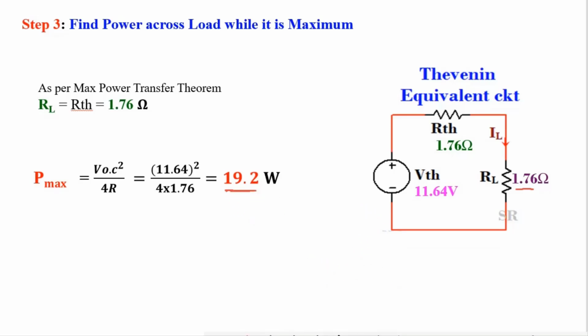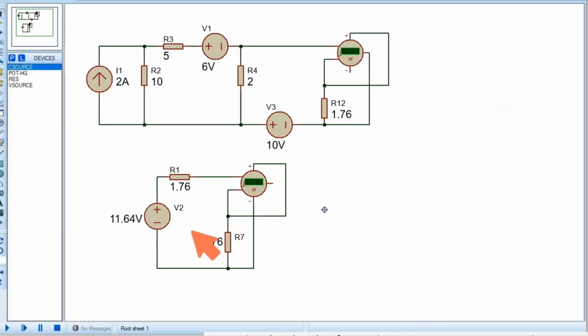Now checking whether my answer is perfect or not. See here in equivalent circuit, Thevenin voltage is 11.64 voltage, Thevenin resistance is 1.76 ohm. Load resistance I have used with the same value 1.76 ohm. In main circuit also load resistance is 1.76 ohm.